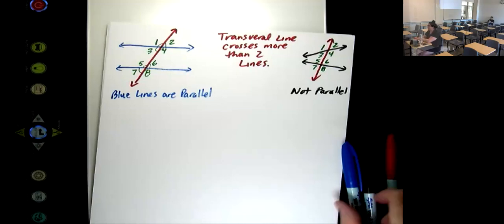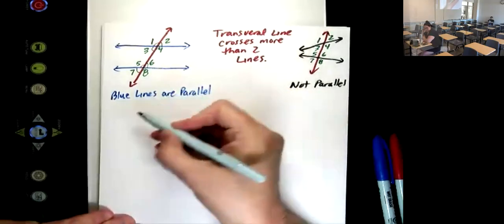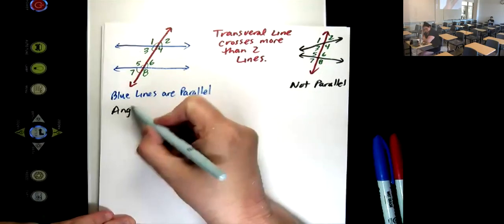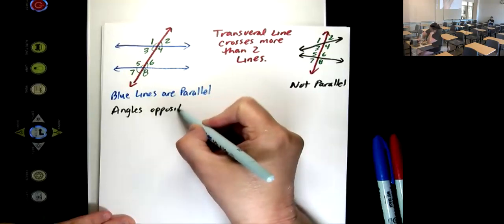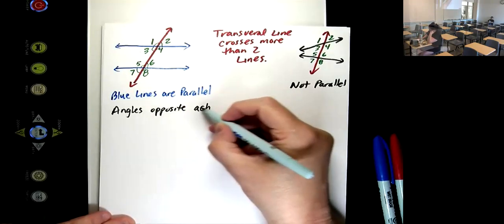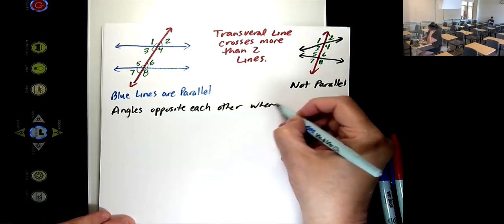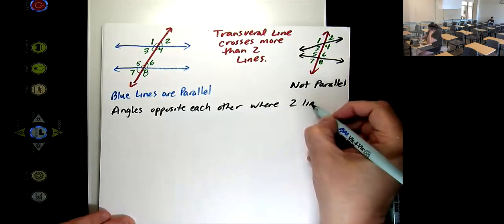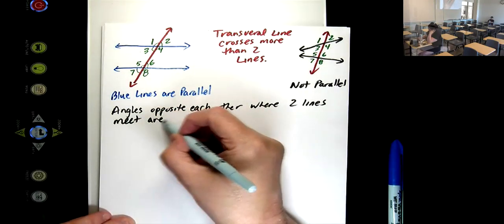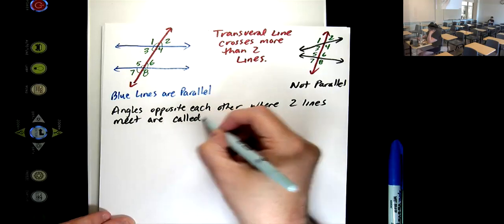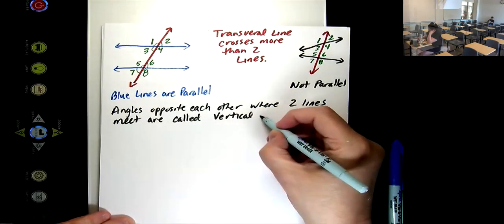Okay, so angles opposite each other, where two lines meet, are called vertical angles, or vertical angle pairs.